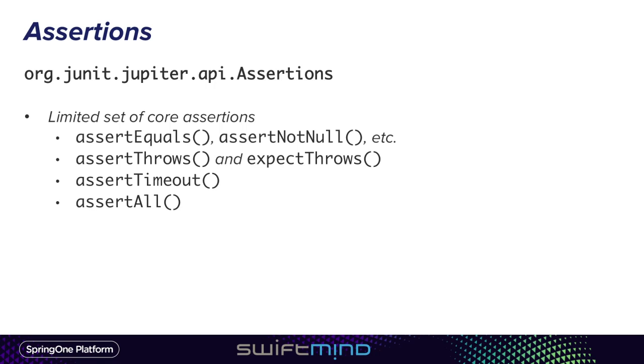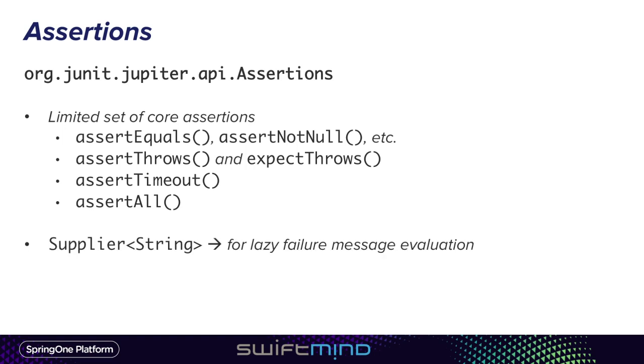What we have is assertAll, and then we allow you to provide all of the things you want to assert as Lambda expressions, and JUnit will invoke all of those, catch all the exceptions, and then collect all the exceptions. So it's really nice if you're checking something, maybe like you have your equals method maybe only depends on the ID of something, but you have like a person with a first name, last name, street address, all these kind of things, and you want to assert all those and see all the failures together. You can do that nicely with assertAll.